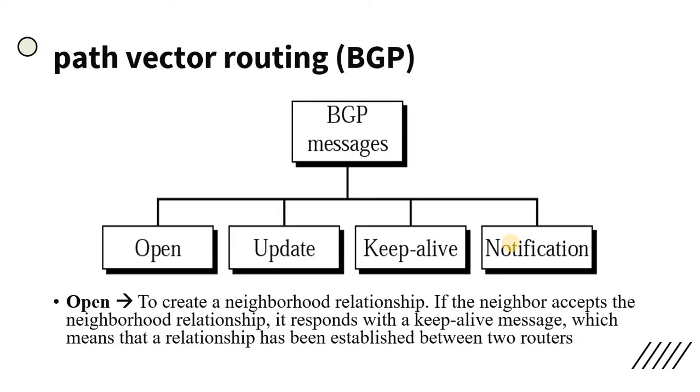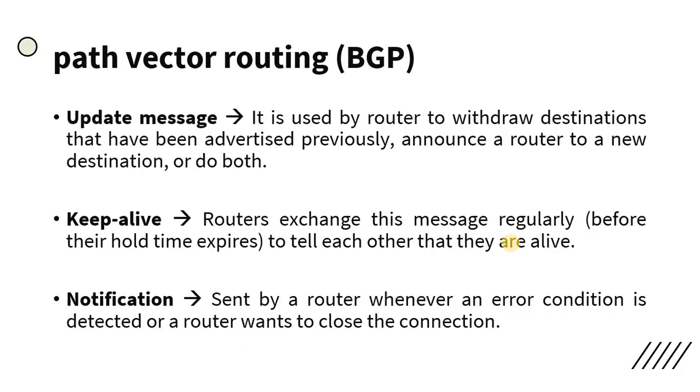To create a neighborhood relationship, if the neighbor accepts it, it responds with a keep alive message, which means the relationship has been established between two routers. Suppose at the start of any communication I send a hello message to a neighboring router; that hello message becomes the open message. The message responsible for establishing the relationship between two routers is called the open message.